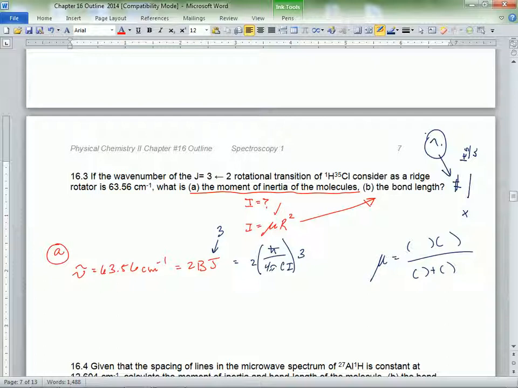So these numbers are all in terms of u, then you got to convert u to kilograms. So look at the concept preview. It was like 10 to the negative something. It was really small. Okay, it had to be. You find the mass of one hydrogen chloride molecule.